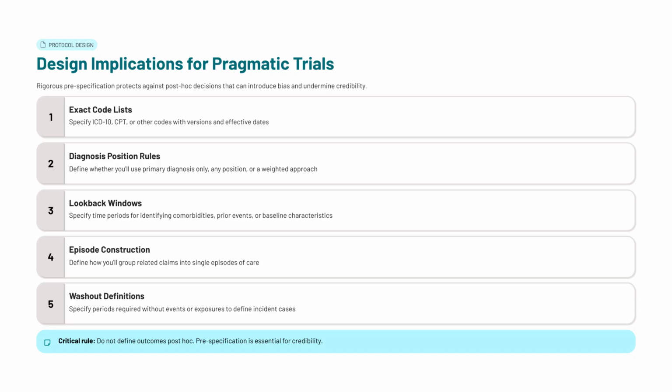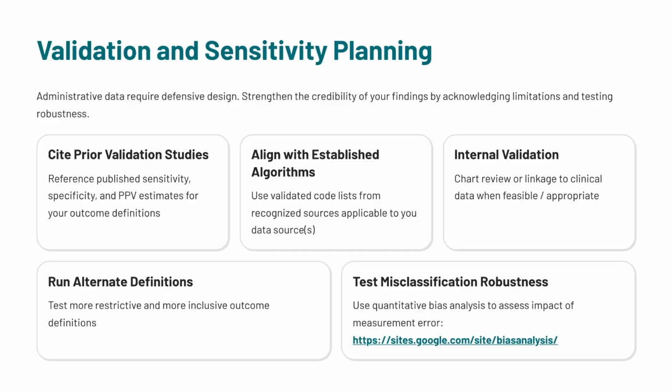Decide how to construct episodes of care so that multiple claims or visits do not become multiple outcomes. And set washout definitions if you want incident cases. Pre-specification in your protocol and statistical analysis plan protects credibility, reduces avoidable bias, and makes your analysis reproducible and defensible.